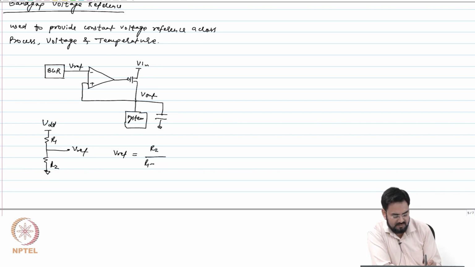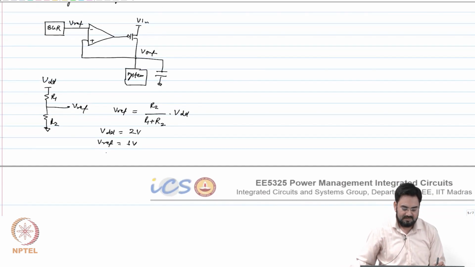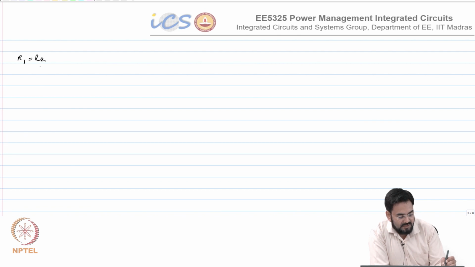R2 upon R1 plus R2 into VDD. So let us say VDD is 2 volt and I want Vref equal to 1 volt. What should be the resistors? Which means R1 equal to R2.